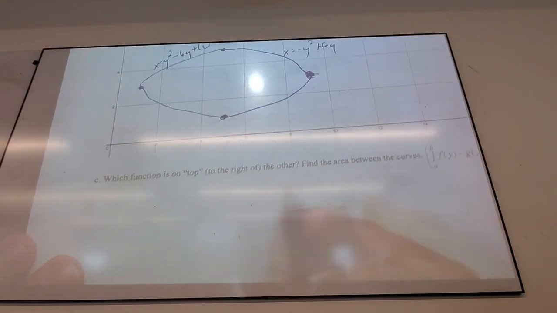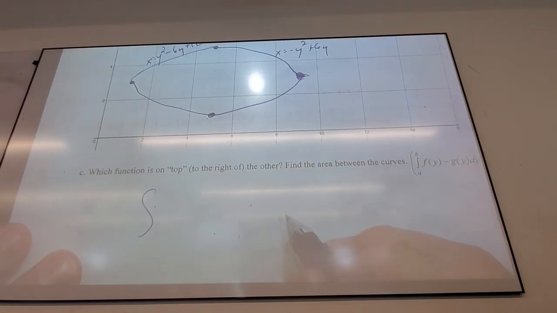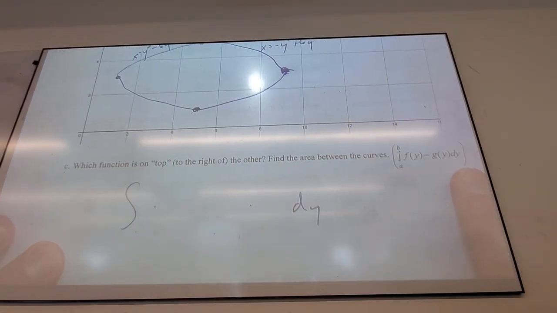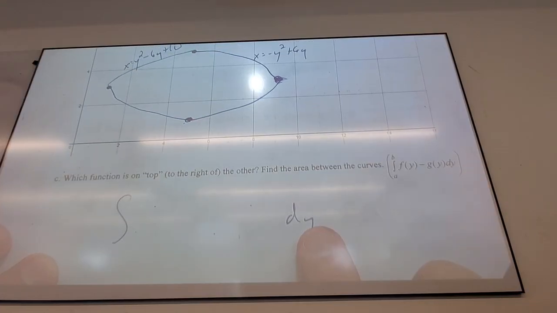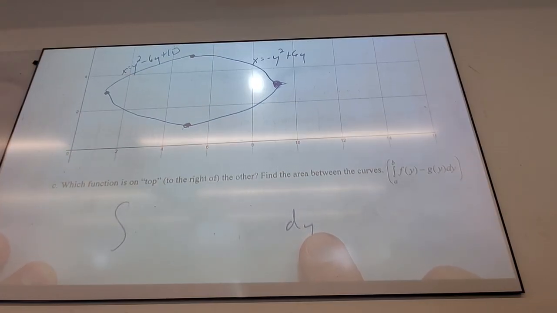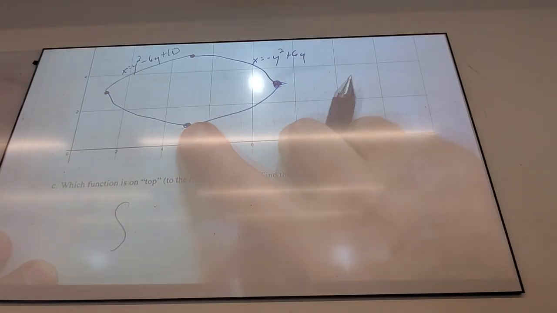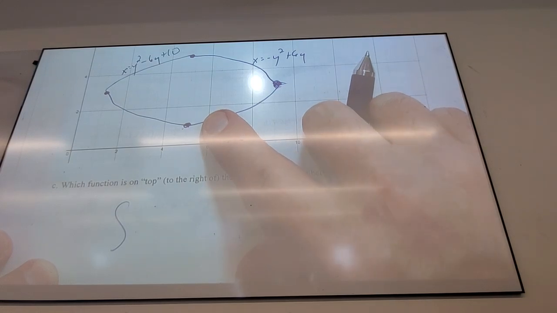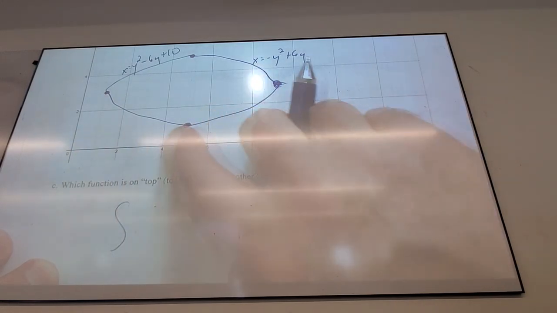So, first off, it's dy, yes? What is y going from to? What's the lowest y is and the highest y is? Yes, the lowest y is 1.